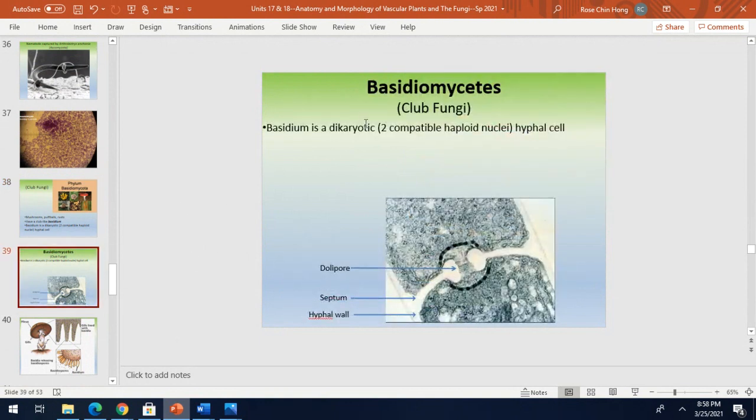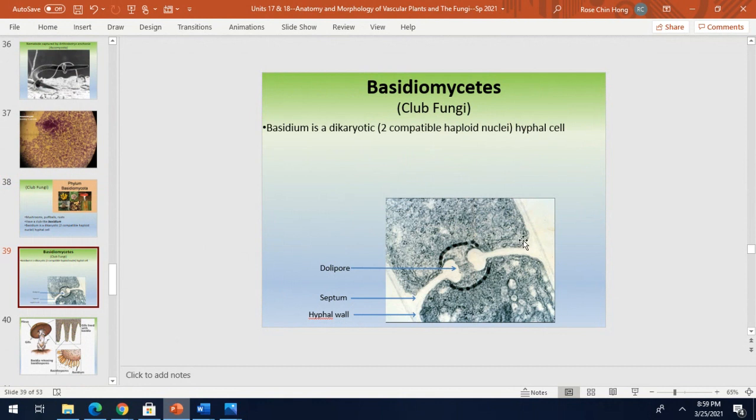Okay, so here again, continuing with the Basidiomycetes and the club fungi. I have to reiterate that it is dikaryotic. And here they have the special pore since they're septated.